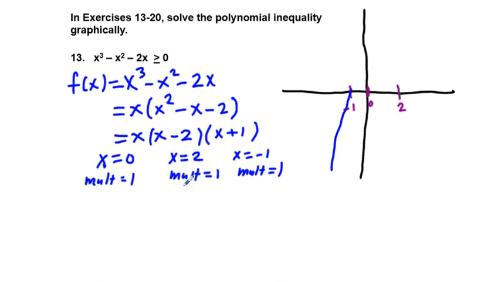Since we have a multiplicity of 1 at x equals negative 1, we go straight through, and then we come back down through x equals 0, straight through because x equals 0 has a multiplicity of 1 also. Then we go back down, and come back up through our last 0, x equals 2, which also has a multiplicity of 1.